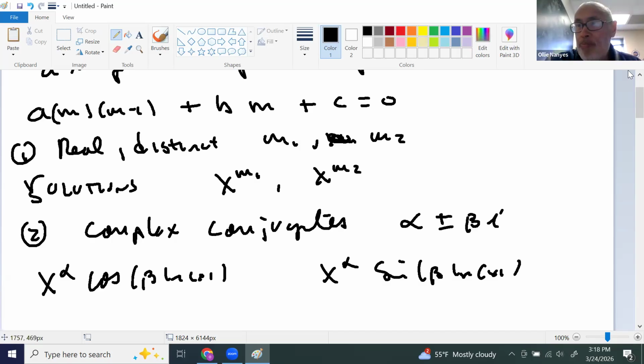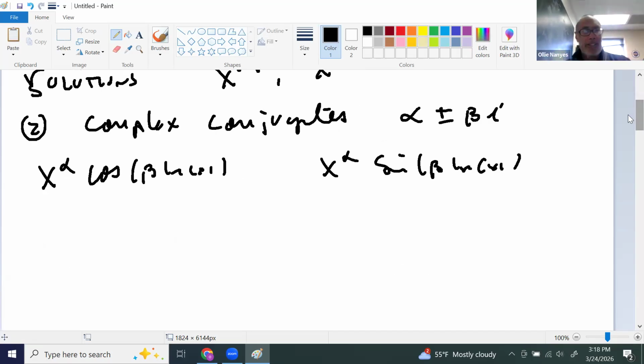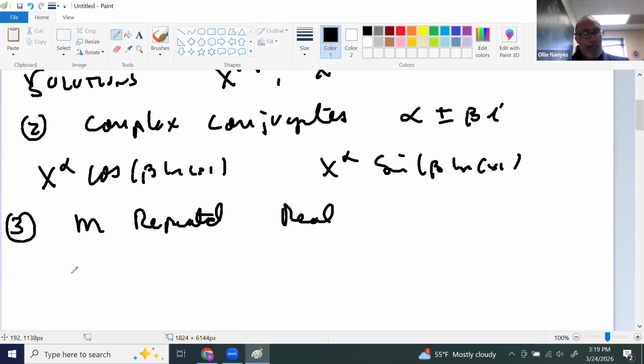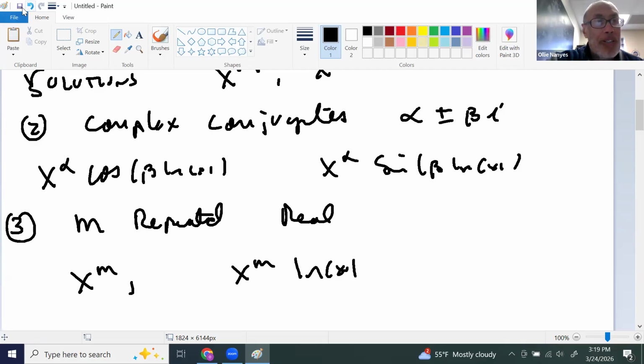And then third thing is repeated root in real. Then you have x to the m is one solution, and you slap on a log as the second solution. So these are your two solutions.